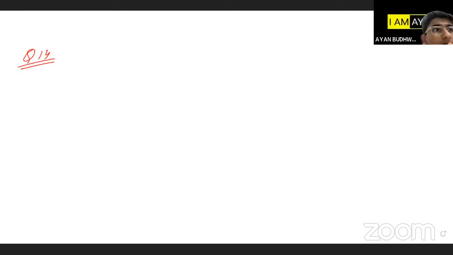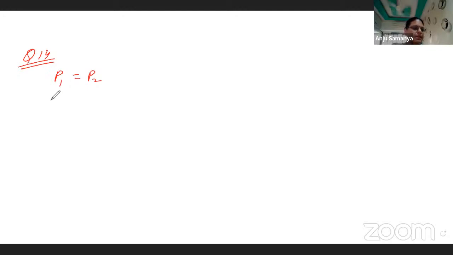Ma'am, can I say? Yes, Ayan. Ma'am, pressure on the piston is equal to pressure on the wider piston. P1 is equal to P2 according to Pascal's law. So F1 upon A1 is equal to F2 upon A2. F1 we do not know.